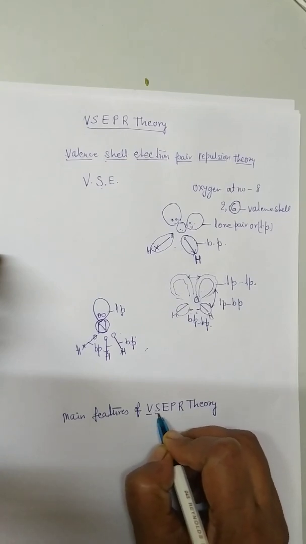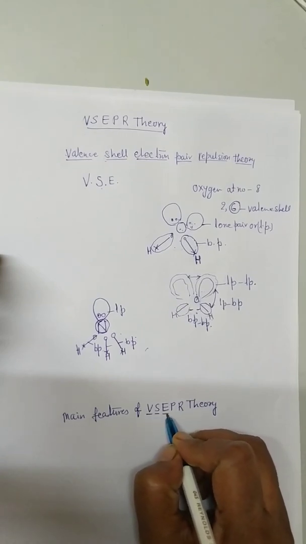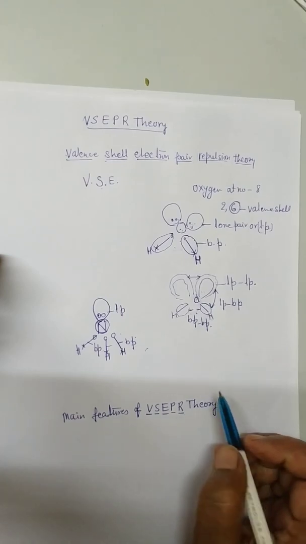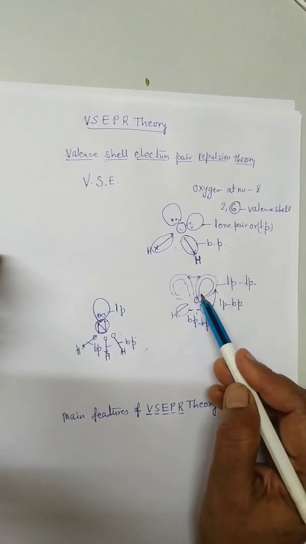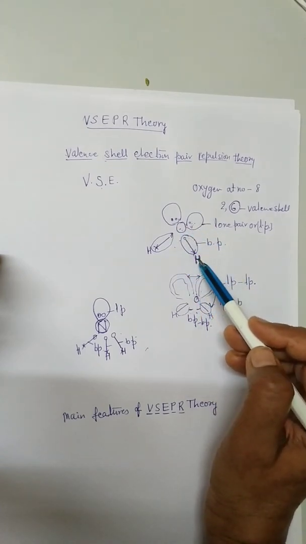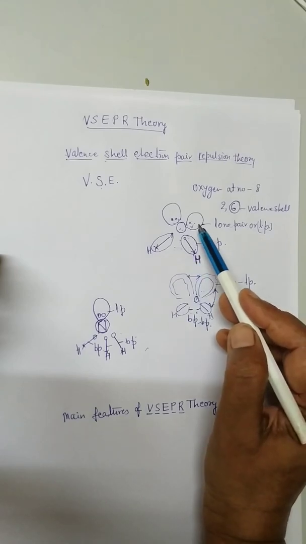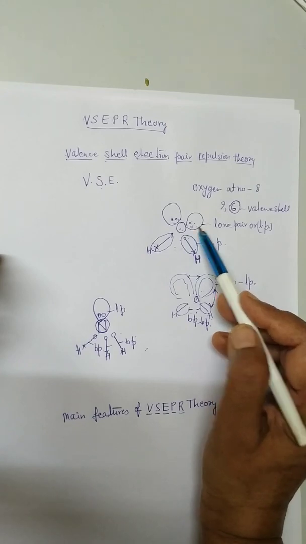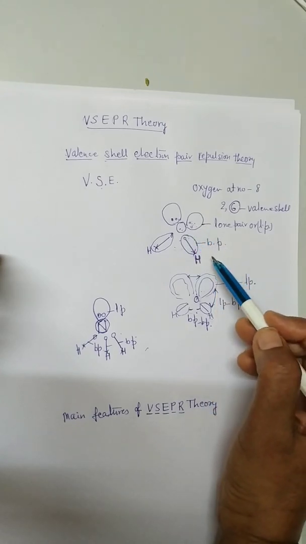S: valence shell. Electron pair repulsion. These are the valence shell electrons which form bonds with hydrogen, and those not forming bonds with the other atom are called lone pairs, and they have repulsion.